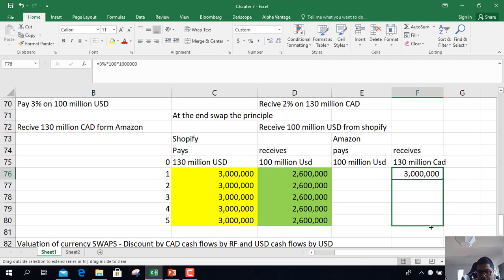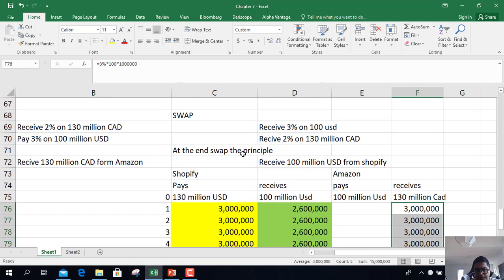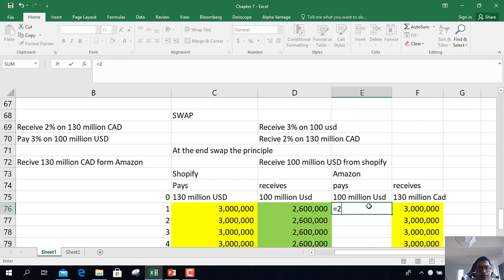So this was USD, and it pays 2% on 130 million.